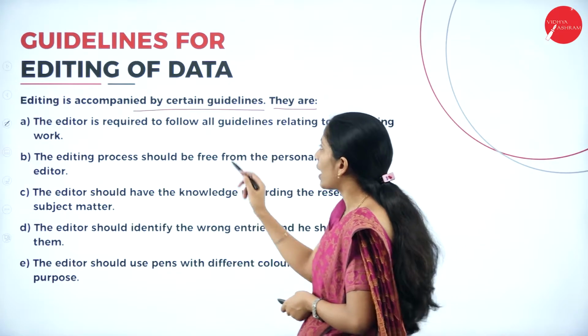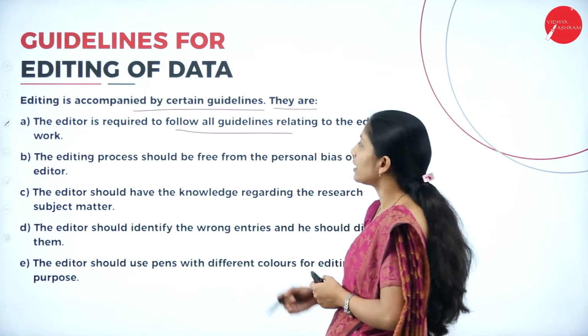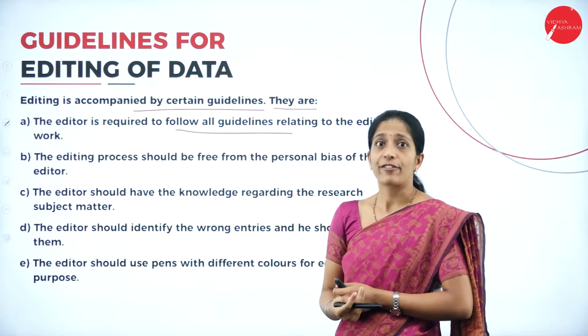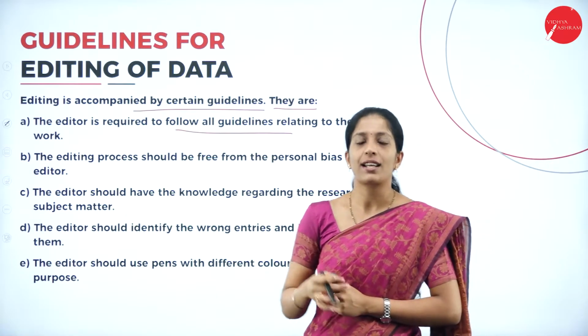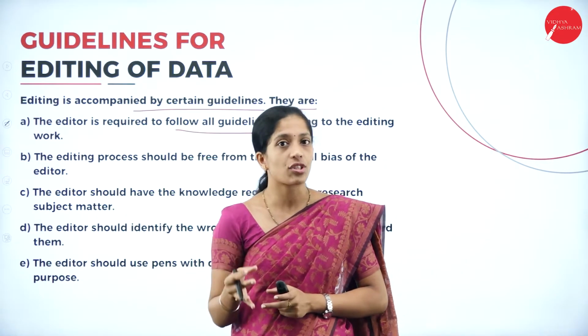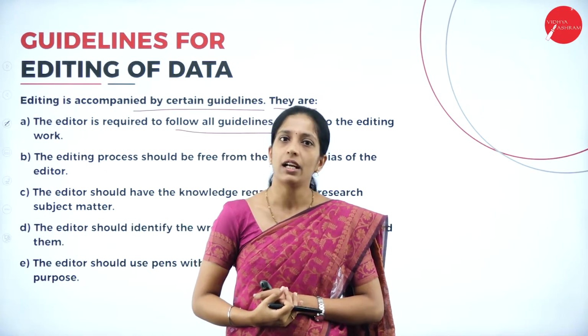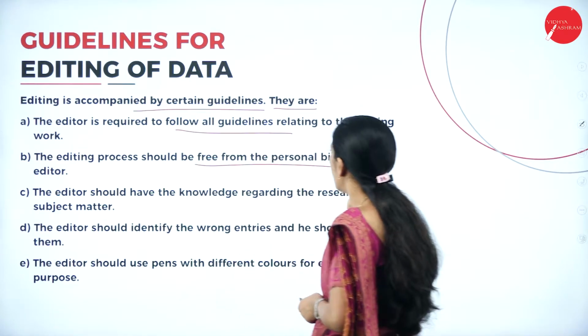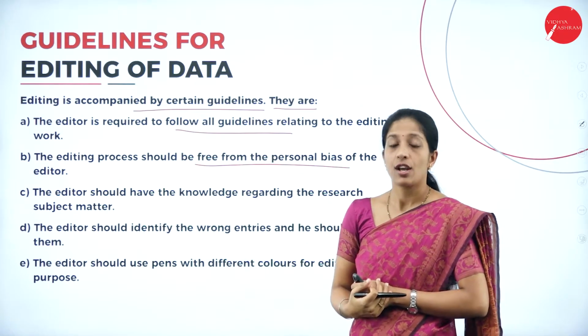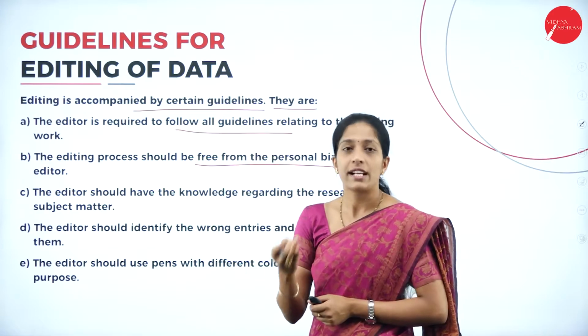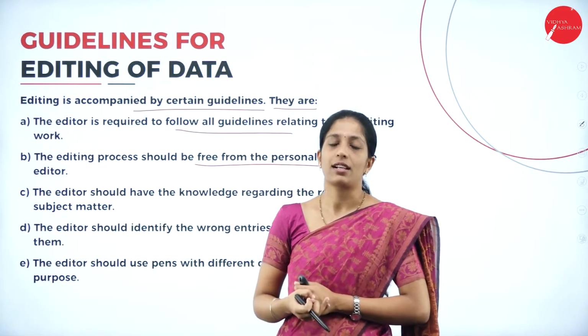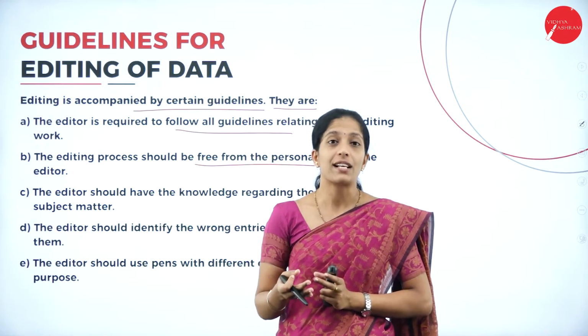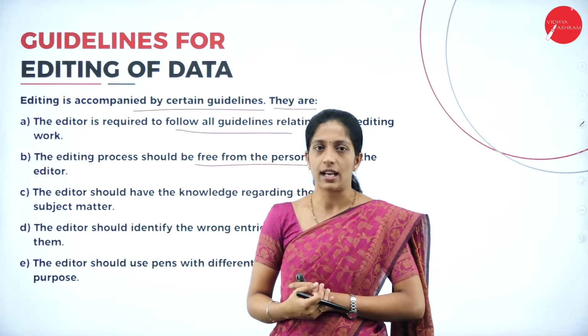The editor is required to follow all the guidelines relating to the editing work. Of course, in order to bring uniformity, all the guidelines or instructions have to be followed by the editor. Next, the editing process should be free from the personal bias of the editor. Personal interest should not be considered while editing data.